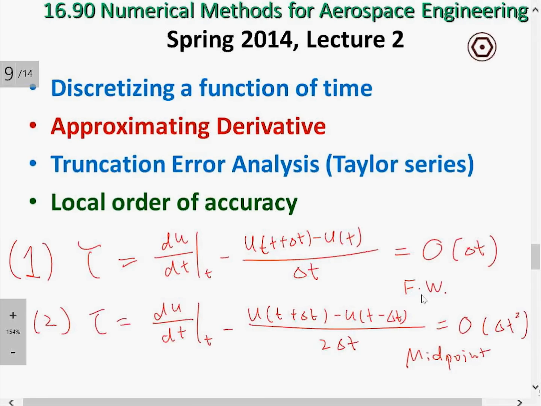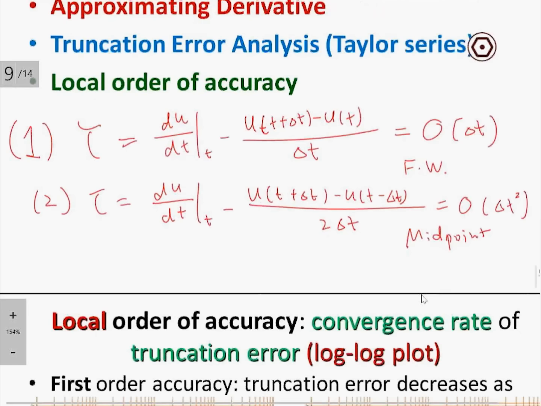If I make delta t half as large, how much smaller is the truncation error going to be? Half. Now, if I have the midpoint and I decrease delta t by half, how much more accurate is the midpoint going to be? A quarter, exactly.